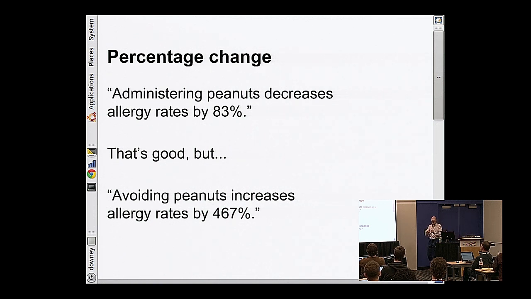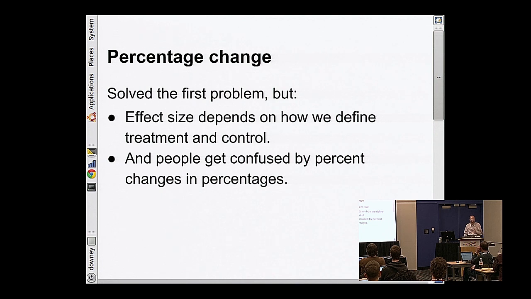If you put it the other way around, withholding peanuts from your children increases their risk of allergies by 467%. So this is similar to the problem that we had before where it's asymmetric, you have to make an arbitrary choice, and you're leading with a very different number depending on what that choice is. So that's a problem. The other thing is that when you talk about a percent change in percentages, people just get confused. That's a hard thing to talk about.